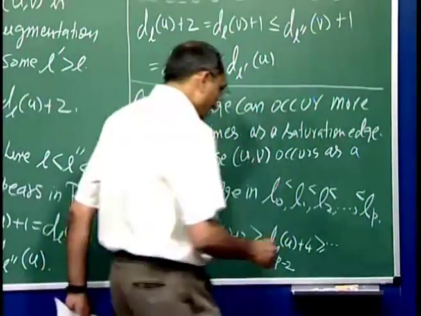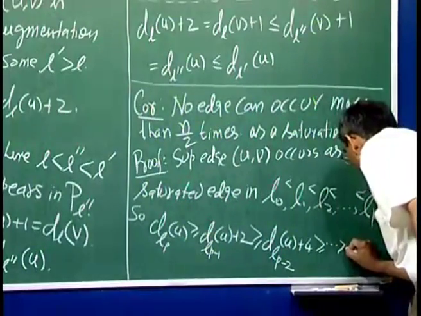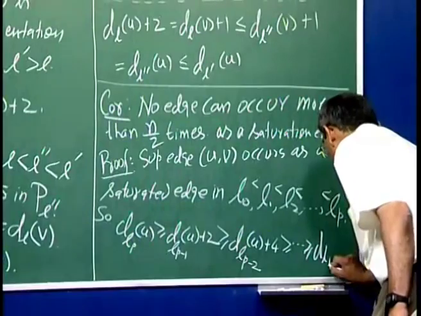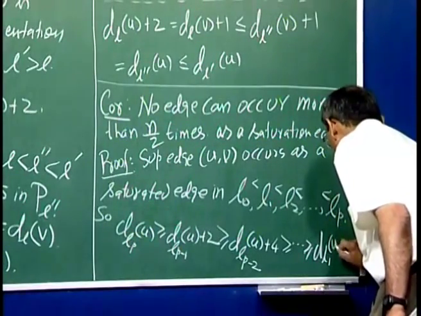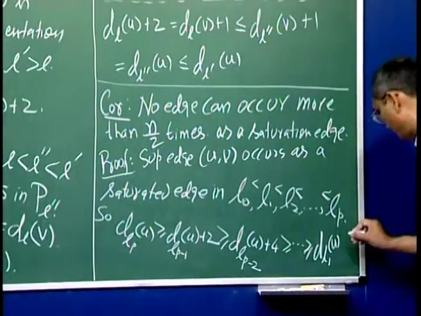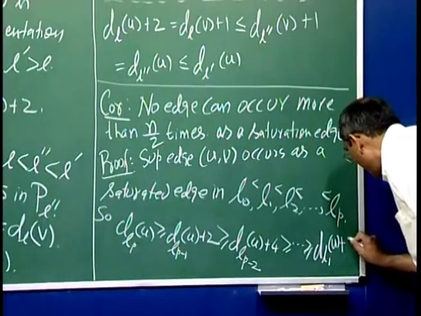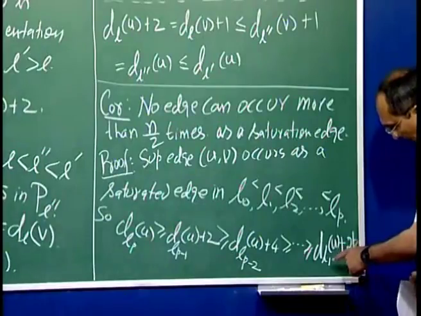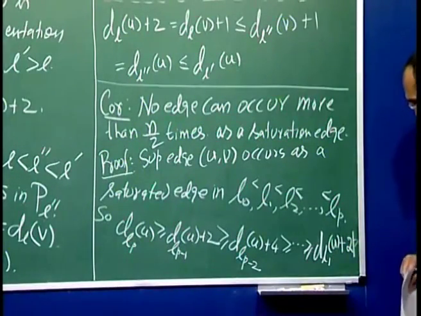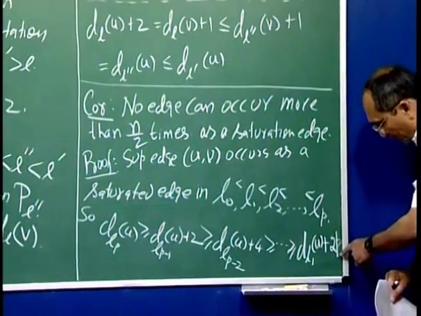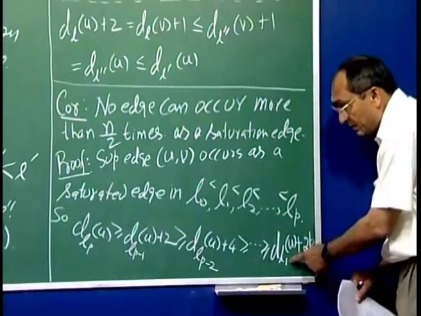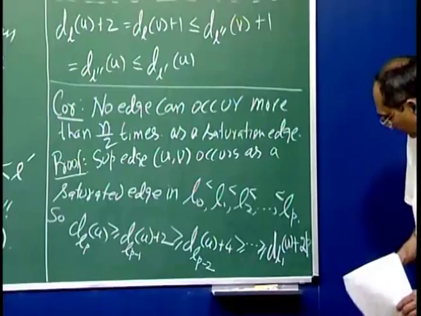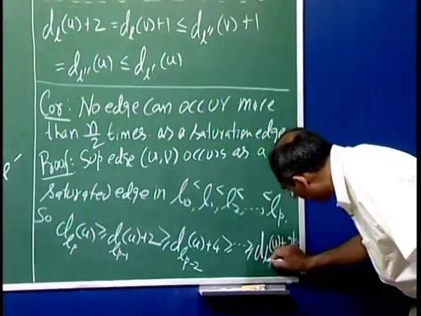So finally, in dL1, the inequality is that this is at least 2p smaller than this, dL0.